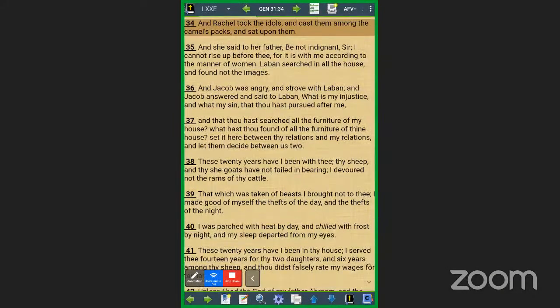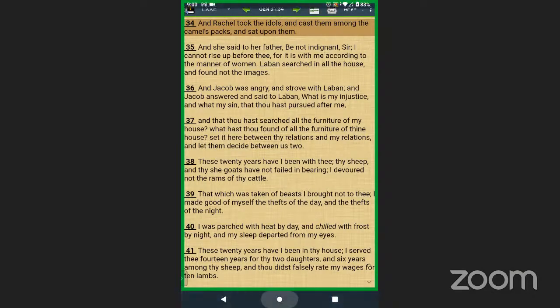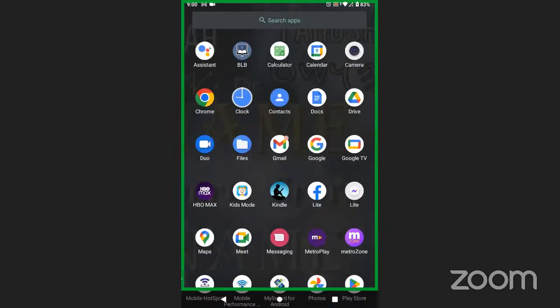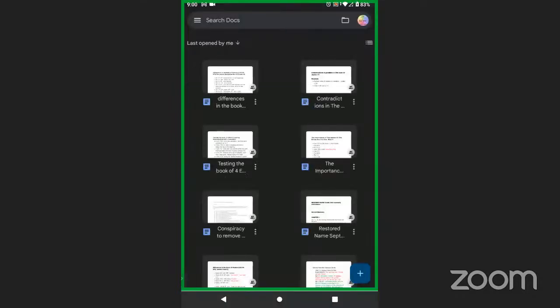If you read the next verse, obviously he didn't find them. So that's kind of unnecessary. You'll see that sometimes with manuscript issues. Sometimes the scribe of the manuscript feels the need to add something that's not really necessary, in my opinion.